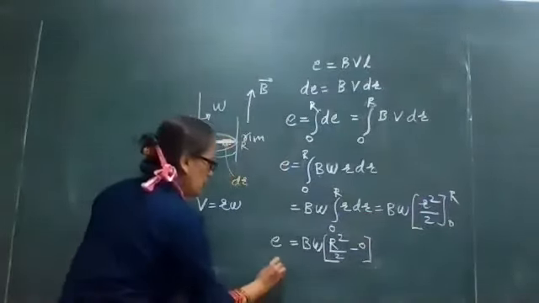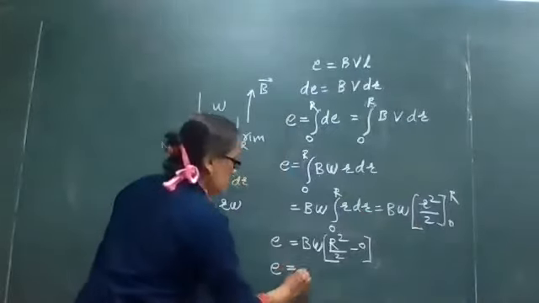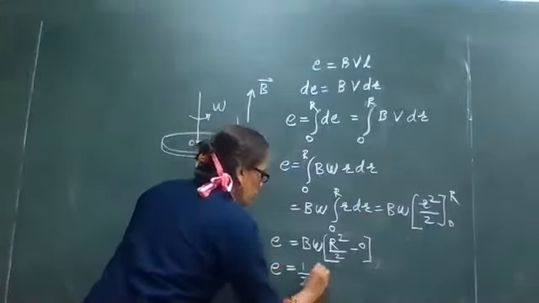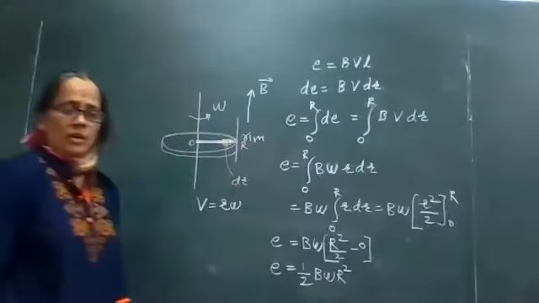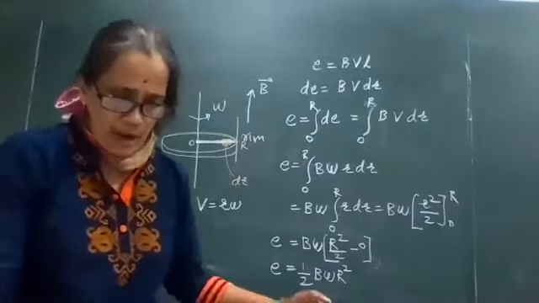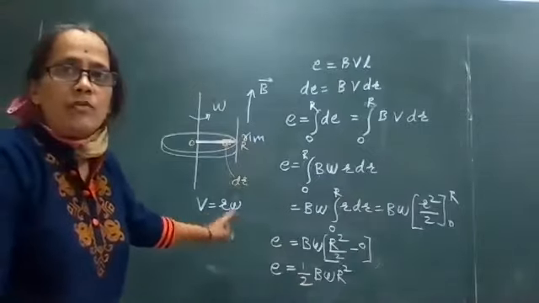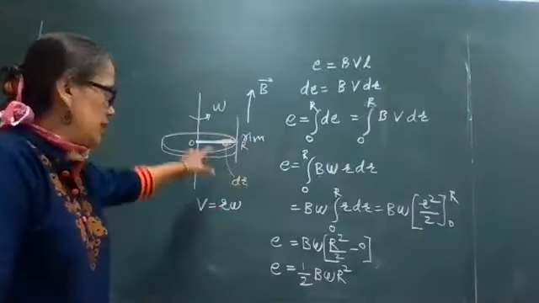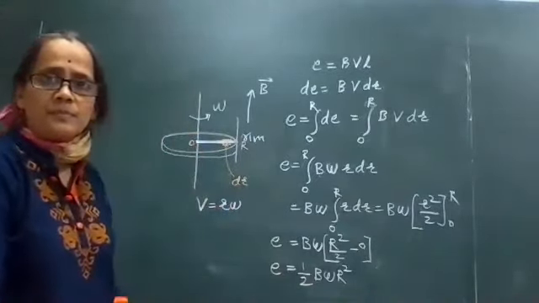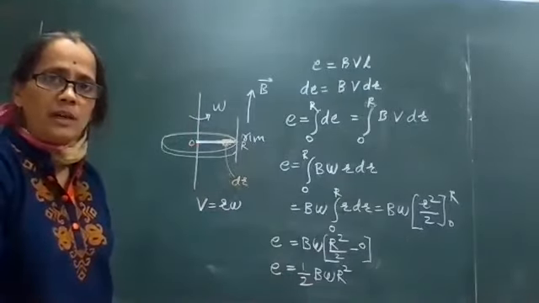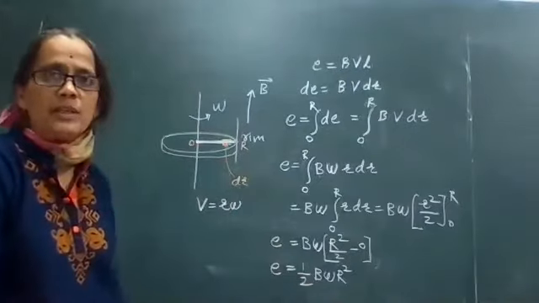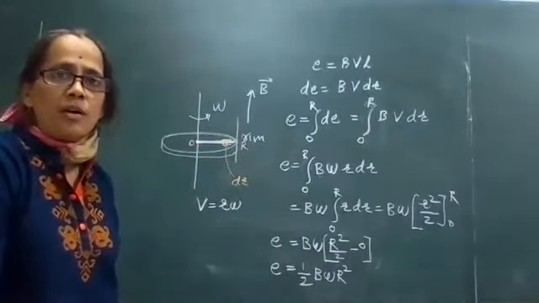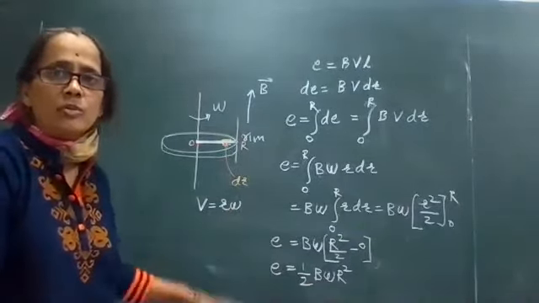So the value of EMF is nothing but 1 by 2 B omega R square. Got it? If you are not getting it, repeat these steps in the video. If you don't repeat observing the steps in the video, you will absolutely miss it.